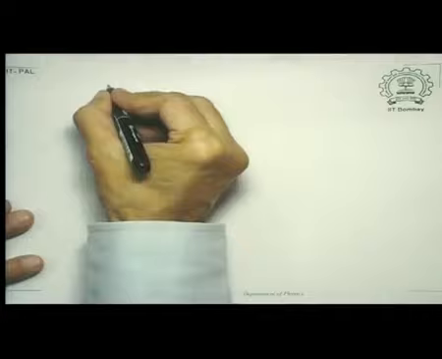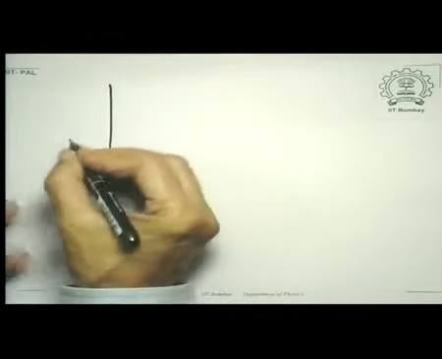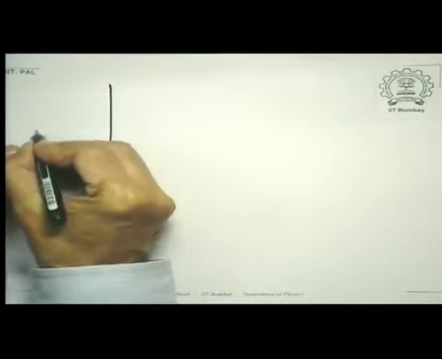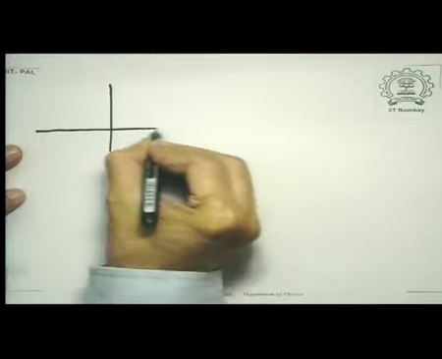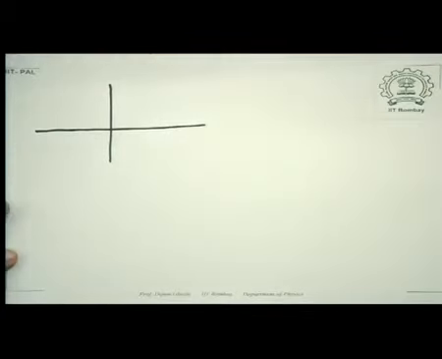So if you look at the current voltage characteristic of a typical diode like a silicon diode, this is completely different from what you see in the case of a metal.